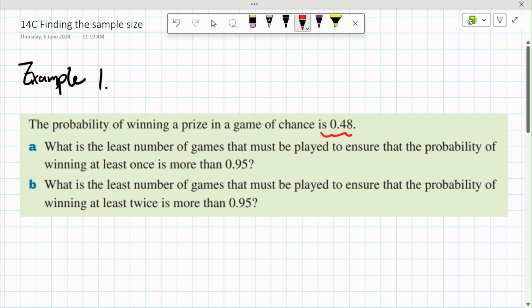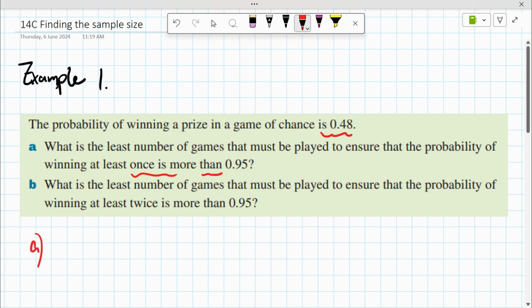So the first question they're asking: what's the least number of games that must be played to ensure that the probability of winning at least once is more than 0.95? First things first, we're trying to win in each game, and it's the same each time the game is played.